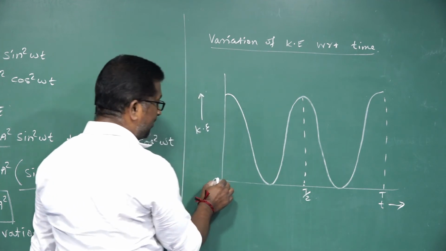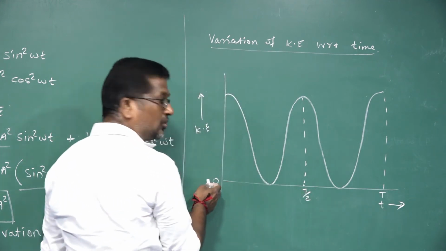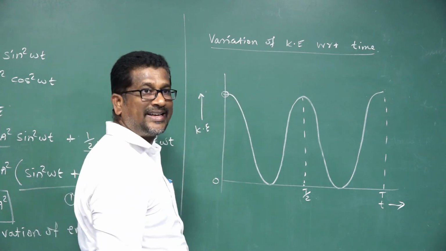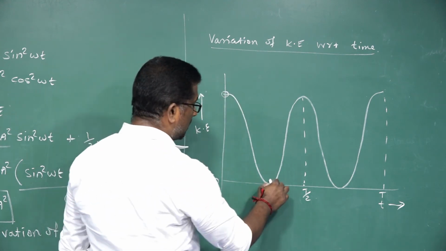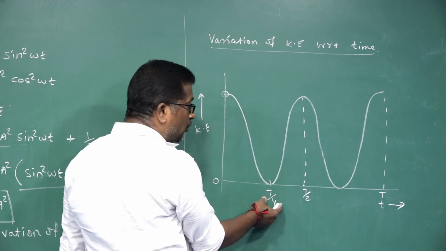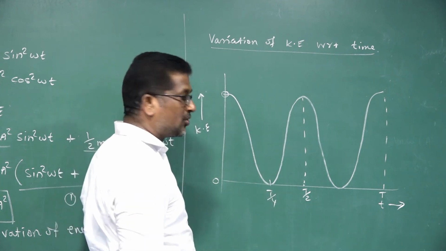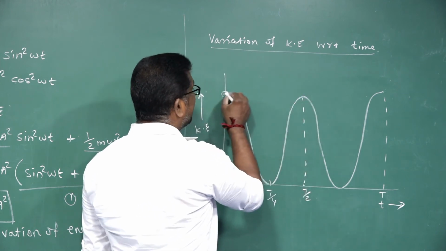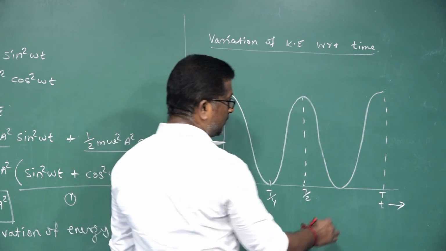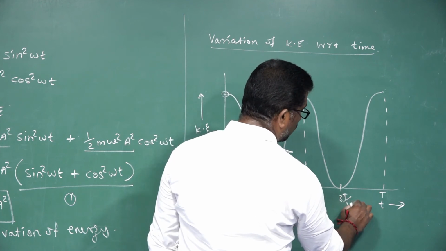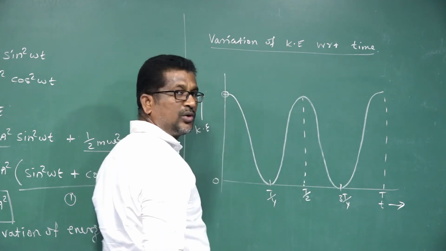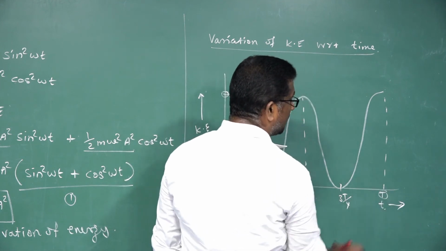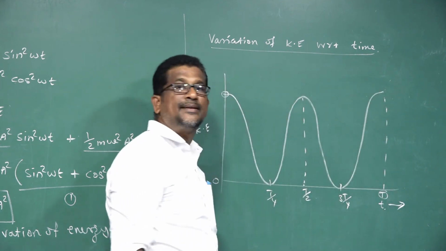At time t equal to 0, the kinetic energy of the particle is maximum. At t equal to T by 4, kinetic energy value is 0. At t equal to T by 2, again the kinetic energy value is maximum. At t equal to 3T by 4, the kinetic energy value is 0. At t equal to one time period, again the kinetic energy value is maximum.